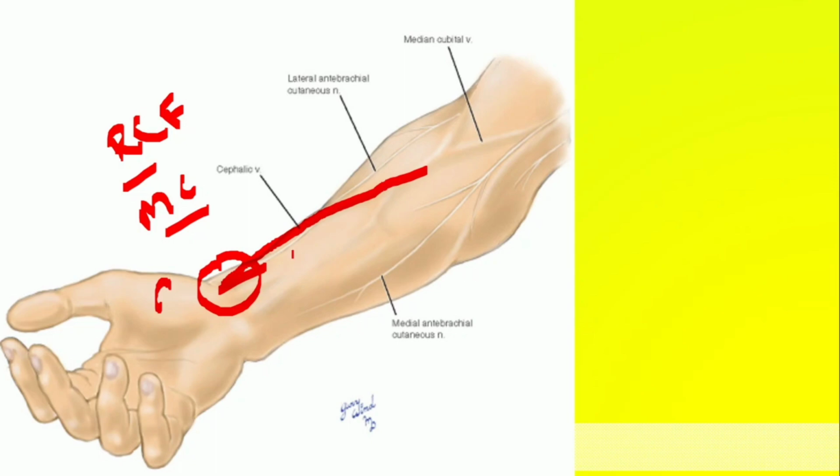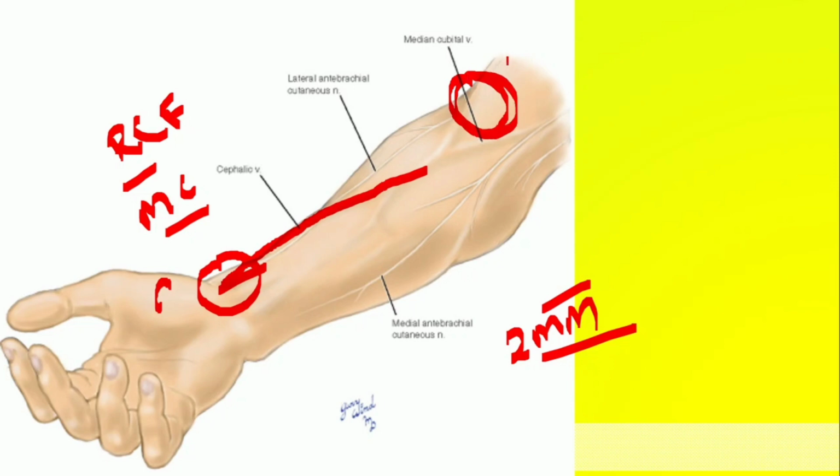If those two vessels are good, they can be connected. What is the minimum size the vein should be? On Doppler, it should be a minimum of 2 mm, so that the vein and artery can be connected without much difficulty.